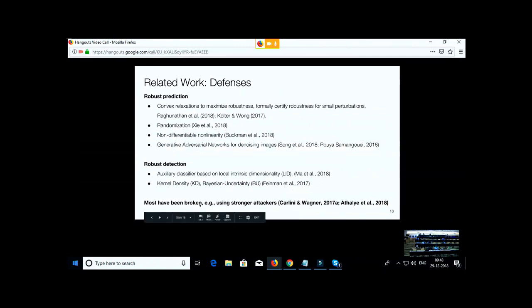But I have to say, the short summary is that most of these defenses have been broken already by people that came up with stronger attacks. And it turns out that all of these defenses can be circumvented in some pretty straightforward way.